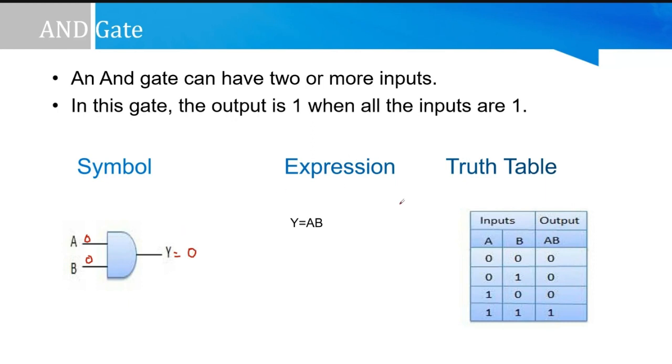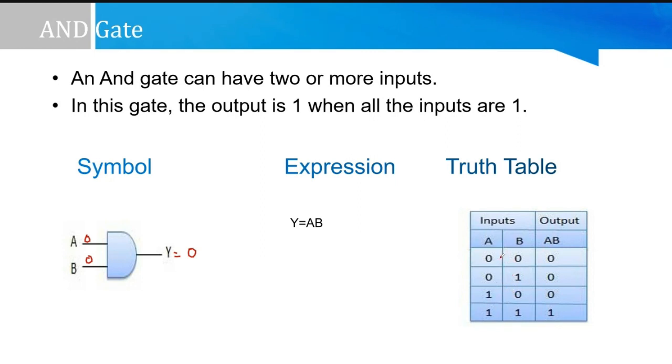In the truth table, with two inputs, how many possible combinations will you have? Four combinations: 0 0, 0 1, 1 0, 1 1.